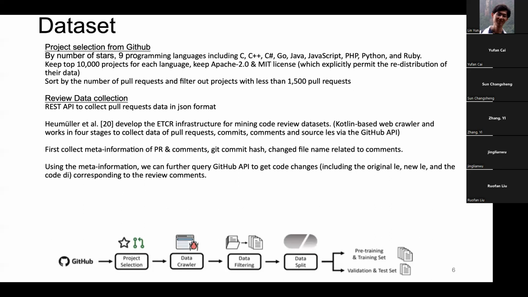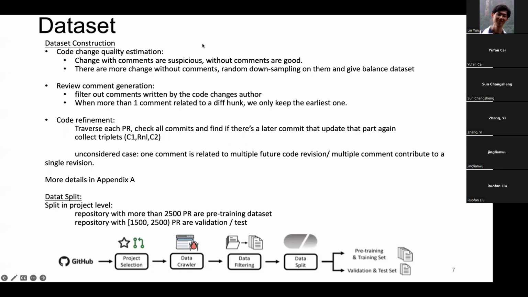All right, okay, let's move on. And then for the data construction, let me see. There are still some filters. They only consider changes with comments, and they remove some suspicious comments.